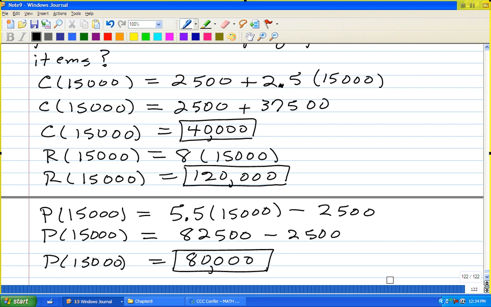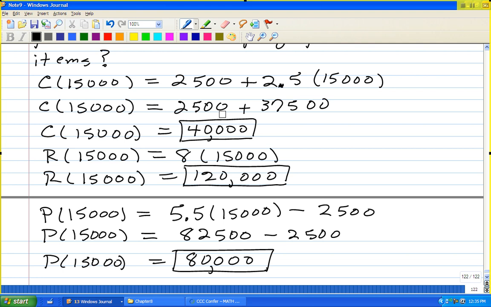That's 82, not 42. Okay, so to find the cost at 15,000 items, I know that the cost for x items is 2,500 plus 2.5 times how many items you sold, which is 15,000. So I plug that in, I get 40,000. The revenue is just 8 times the number of objects you sold, so 8 times 15,000, 120,000.